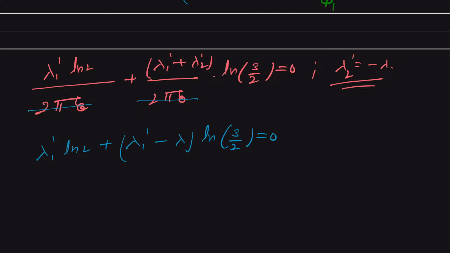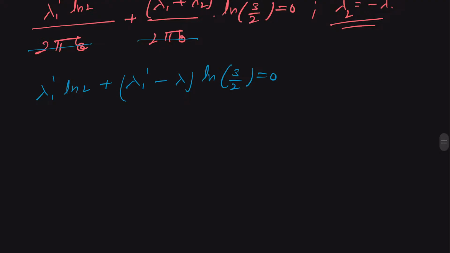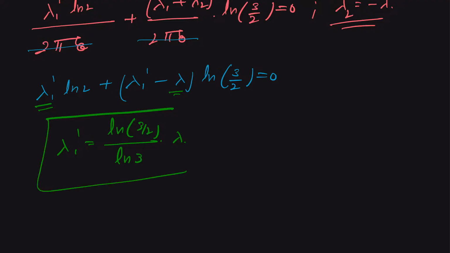Solving this, we find the relationship between lambda 1 prime and lambda: lambda 1 prime is equal to natural log of 3 by 2 over natural log of 3 times lambda. And this is nothing but the charge on shell 1.